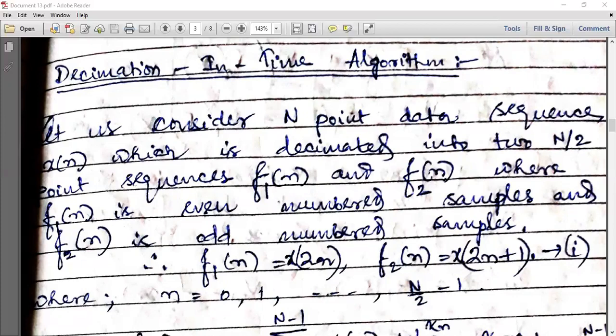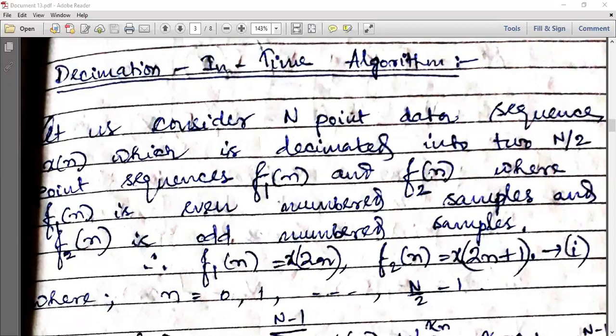Now, listen, the decimation in time radix 2 fast Fourier transform recursively partitions a DFT into half-length DFTs. Means what? Means if there is an n point data sequence, like I have written, you see the note now. Let us consider an n point data sequence x(n), which is decimated into two n by 2 point sequences f1(n) and f2(n).